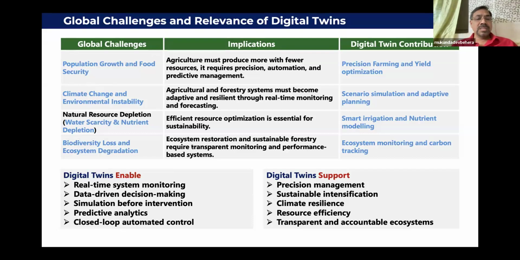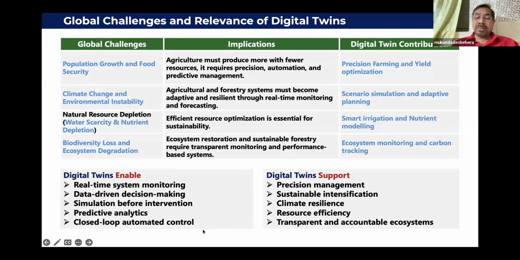So what do digital twins enable and what do they support? Digital twins enable real-time system monitoring, data-driven decision making, simulation before interventions, predictive analytics, and closed loop automated control.